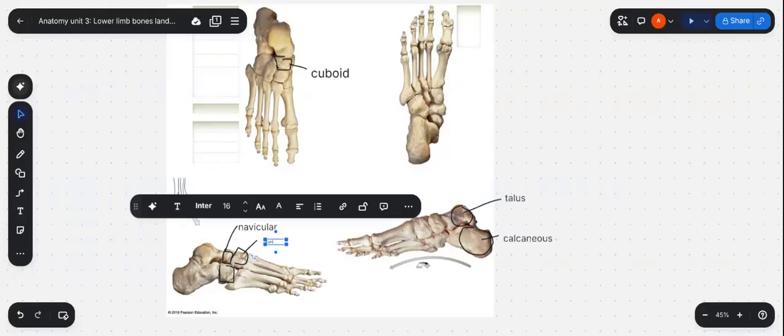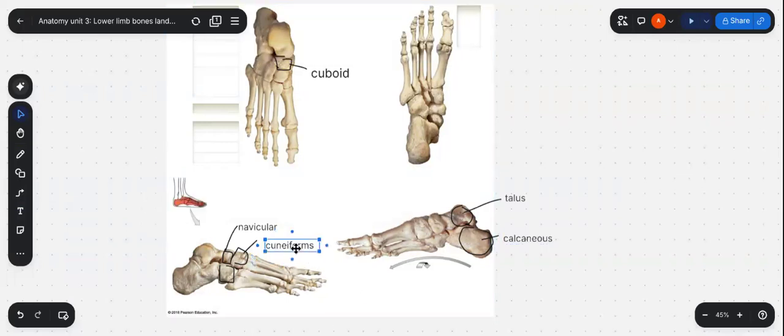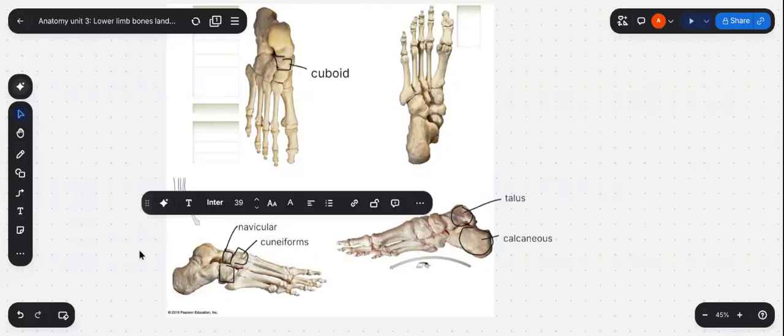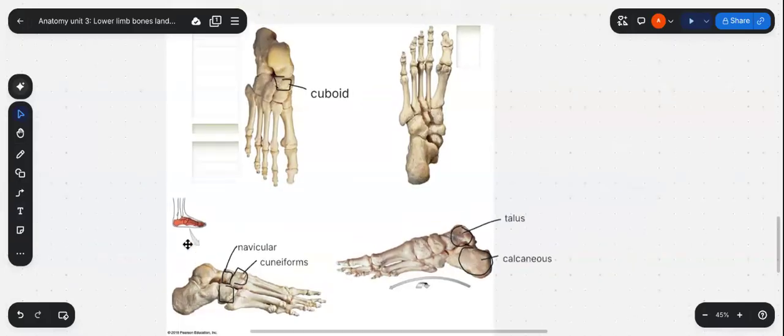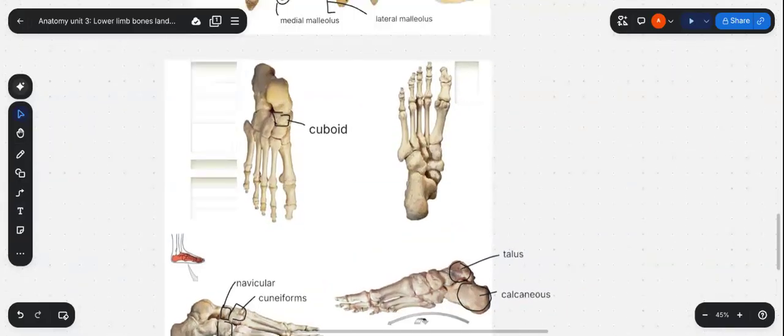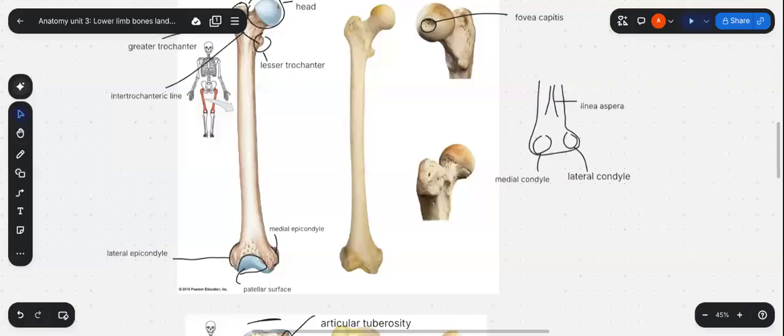For now, you don't really need to know the names of all of these different cuneiforms. Just know that that group of three remaining bones is your cuneiforms. All right, so that is everything for the lower limb bones and their landmarks.